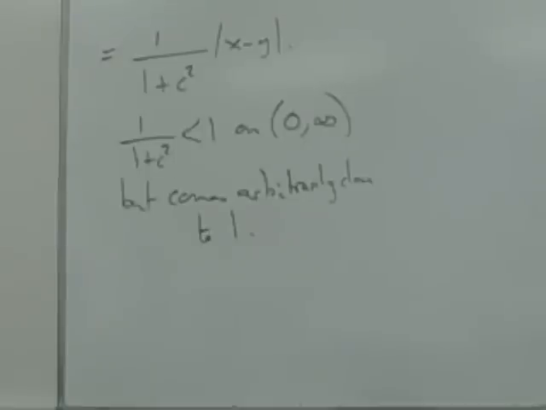So this function does move points closer together, but not by a fixed factor. When you get down close to the origin, where the derivative is very, very close to 1, these points are not moving together very fast. So this does not count as a contraction.